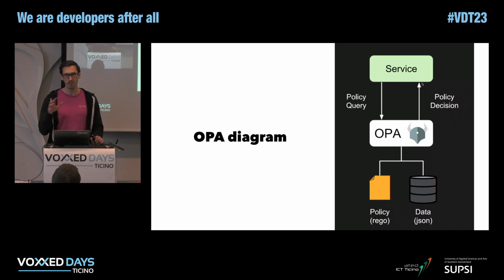And that something back could be true or false, if this is allowed or not allowed. It could also be a more complex data set. It could get you back an array of values or paths that you can access or whatever. So OPA is really just this evaluation: a service asks whether this thing is allowed or in the right place, you run it and you get the answer back.